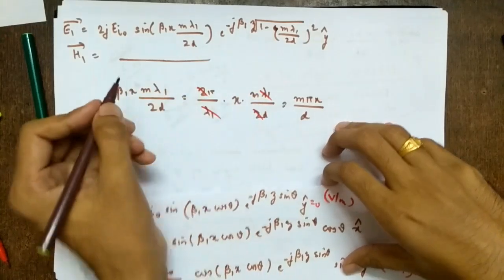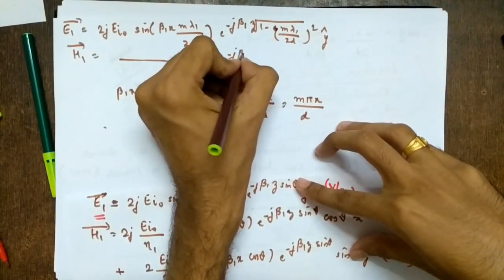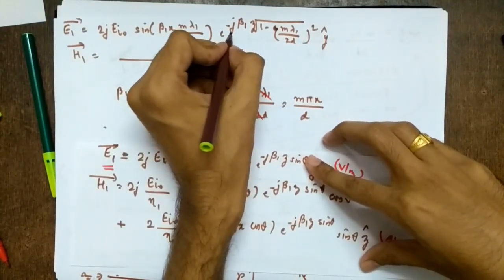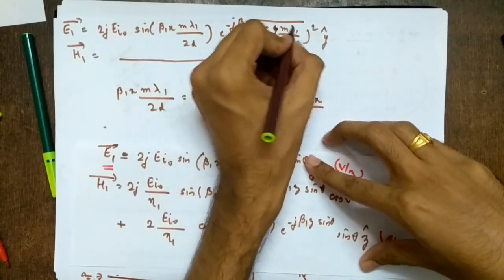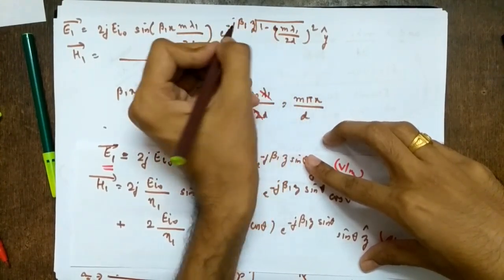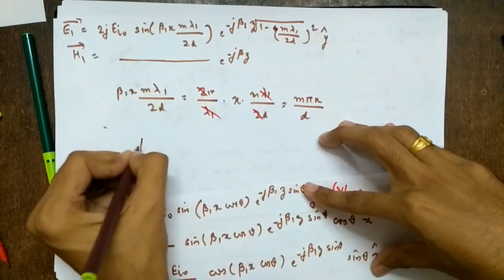And we can write, now what is happening here? Usually you have what? If a wave is traveling in plus z direction, you have e raised to minus j beta z. What you are getting here? E raised to minus j beta 1 z into some constant. M lambda by 2d once decided are constants. Right? So this is a part of sort of beta only. So what we can say?